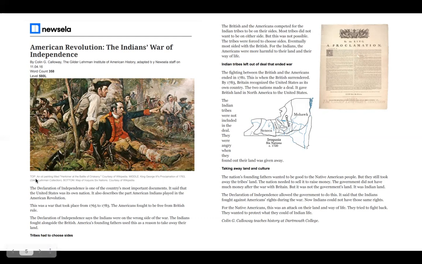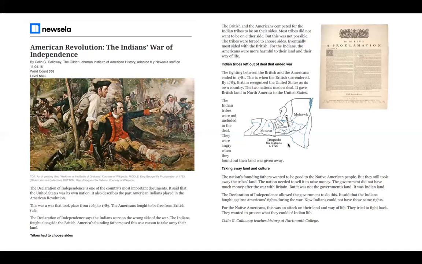An oil painting titled Herkimer at the Battle of Oriskany, courtesy of Wikipedia. And in the middle, we have King George II's proclamation of 1763. And at the bottom, this picture right here, it is a map of the Iroquois 6 Nations.